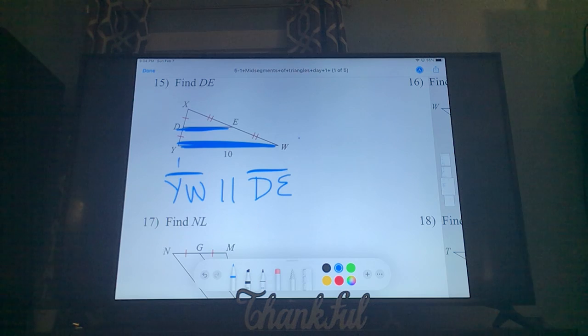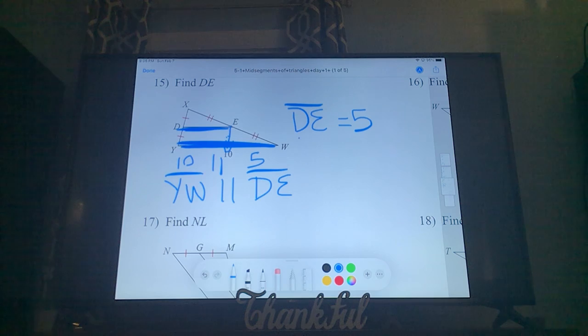The bigger one is 10. So if the bigger one's 10, what does the smaller one have to be? It's always going to be divided if you're going with a smaller one. So line segment DE is going to equal 5, because we know this one is 10, and we cut it in half. If you draw a little line from E down to here, you can see that E is essentially the midpoint between Y and W.